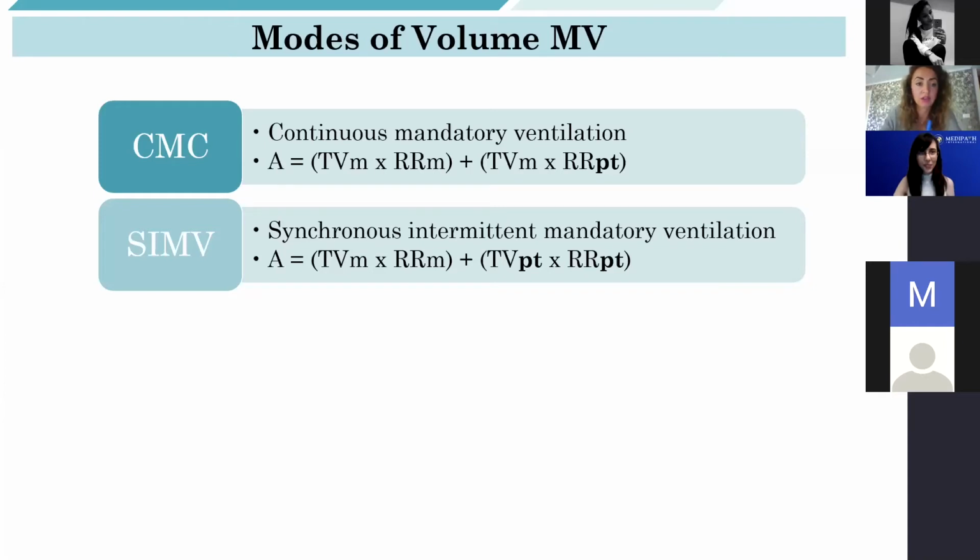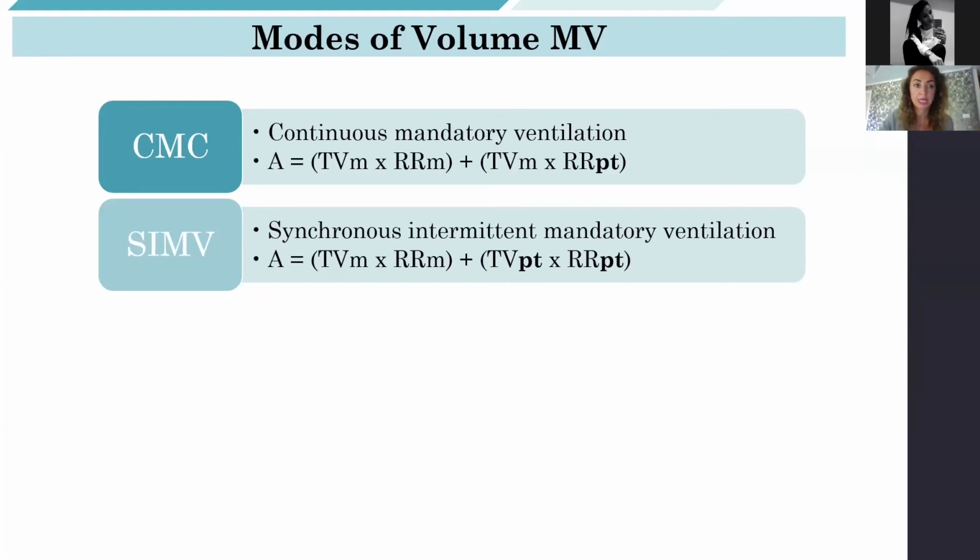We have the same first part: the respiratory rate set in the machine and the tidal volume set on the machine by the doctor. But in this mode, you can allow the patient to breathe on his own, because every time he breathes on his own, it will be with a tidal volume that he achieves himself, not one stated by the doctor in the machine.